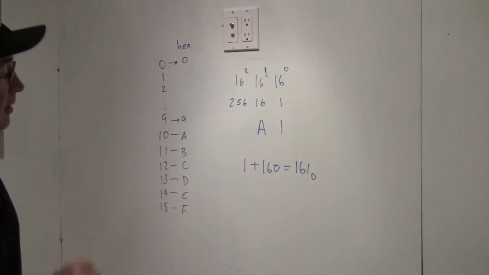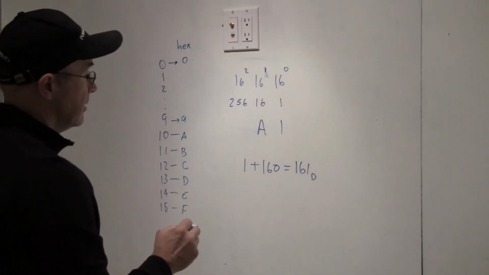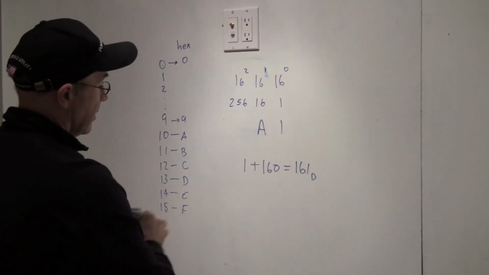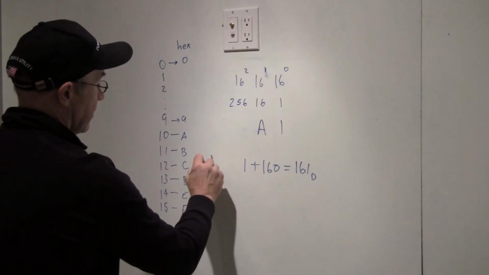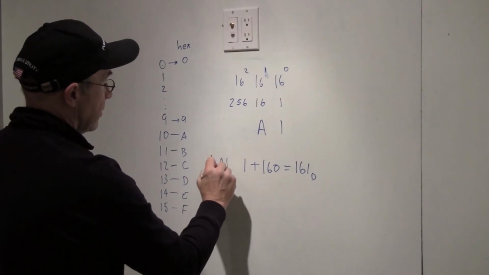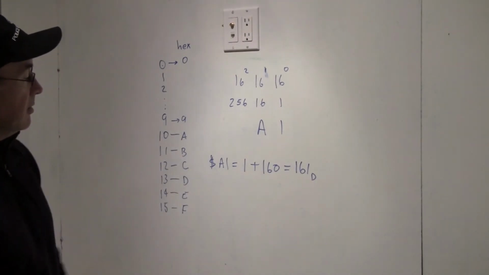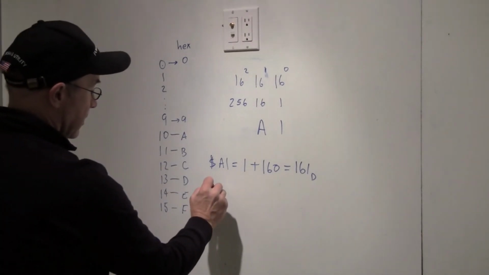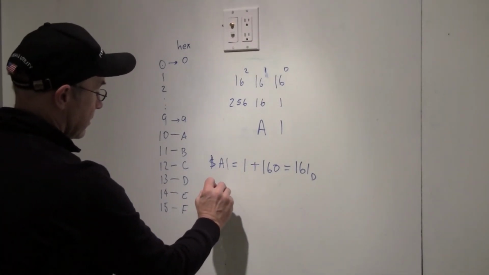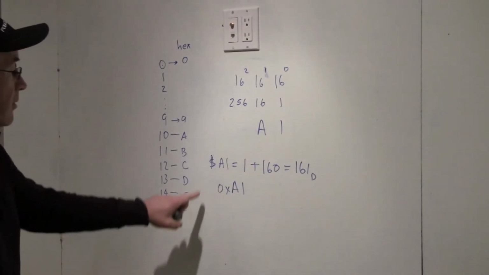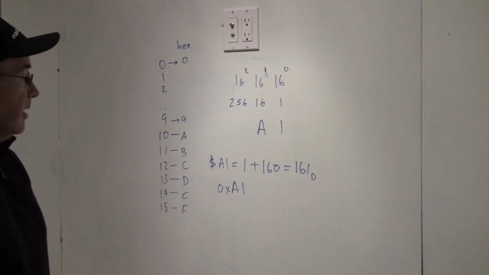Now the other thing about hex, you'll usually see a dollar sign written in front of it. So it might be $A1, that means hexadecimal A1 equals 161 decimal. Or sometimes you'll see it written like this, a 0 and X, and then A1. So if you see either one of those things, it means it's a hex number.